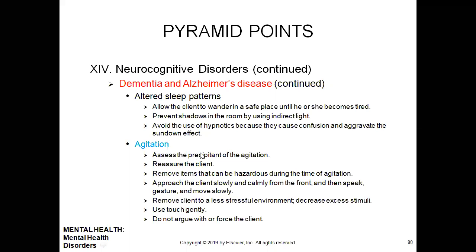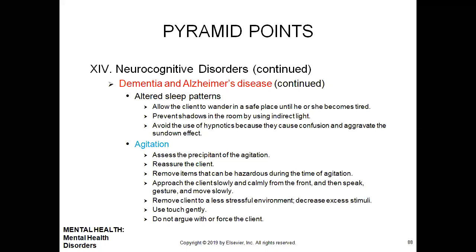And for dementia, there is some medication that can work, called donepezil. Donepezil is a cholinesterase inhibitor that slows the cognitive deterioration and improves the ability to perform activities of daily living.